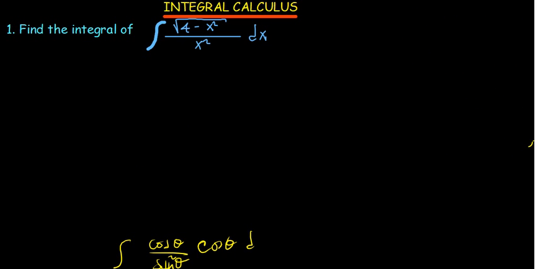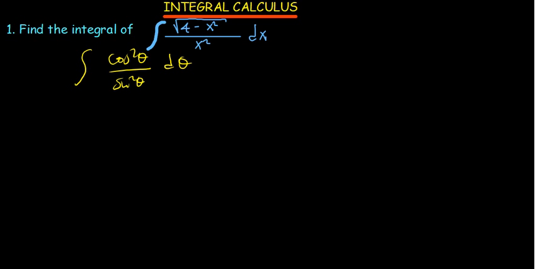Now from here we are going to go on, and so this is going to give us the integral of cos squared theta divided by sin squared theta, and then we have got d theta. Oh, I forgot a theta there. Okay, like that. Now cos squared over sin squared gives us cot squared theta, and then d theta.